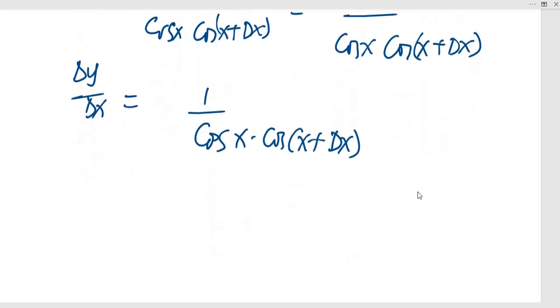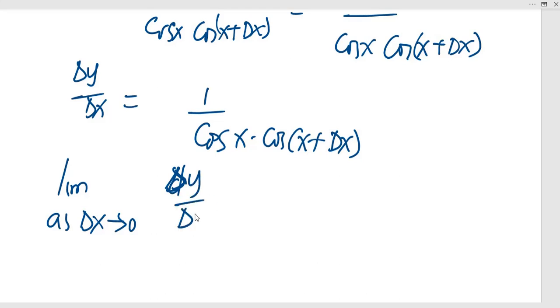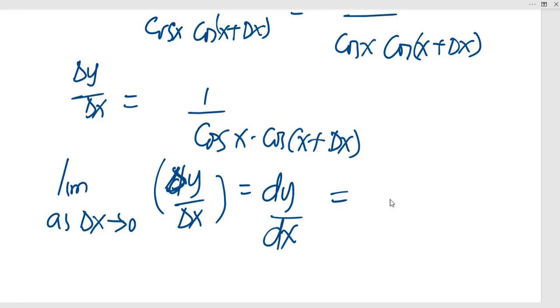What does this mean? I can now take the limit as delta x tends to 0. As it becomes so small and tends to 0, then delta y over delta x will become dy/dx, and this will equal 1 over cos x times cos x, because now delta x has tended to 0, so we can substitute its value with a very small value close to 0.